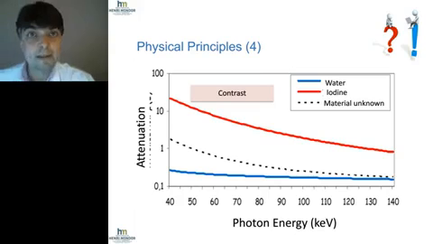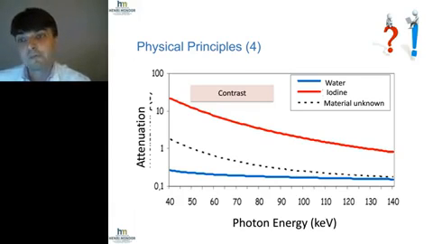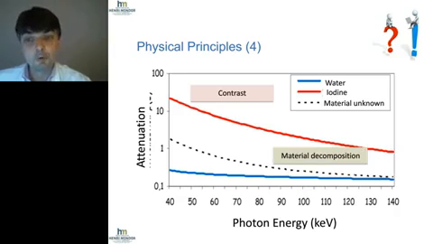The second point is that if you want to analyze an unknown tissue, which is here in the dashed line, and if you want to analyze its composition based on the relative presence of either iodine or water within that component, well, you can do that with spectral imaging, because if you know the attenuation profile of iodine and water, which of course you do, then you can say within the system that the nature of that dashed line is a composition of the red and of the blue line, and you will be able to make a material decomposition where you can actually extract the relative concentration of iodine over water within any point of the image.